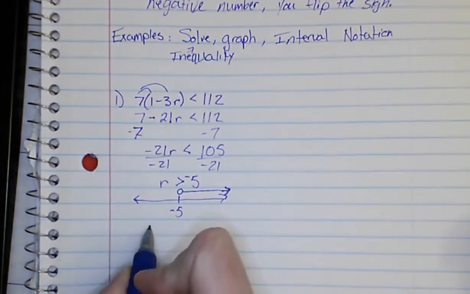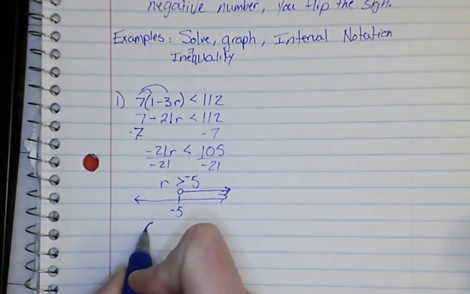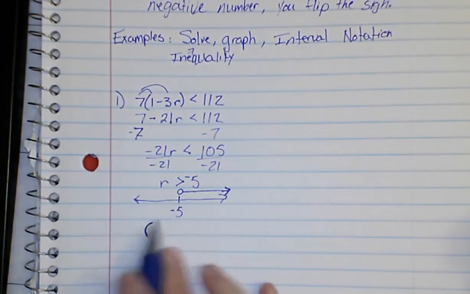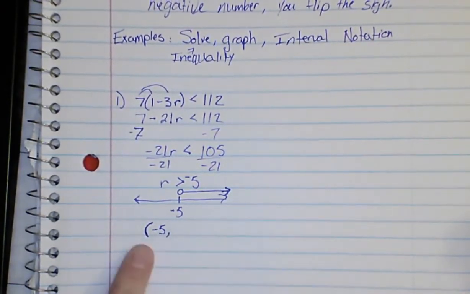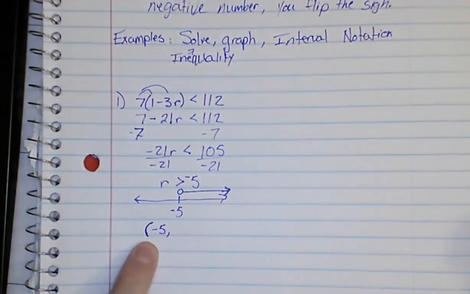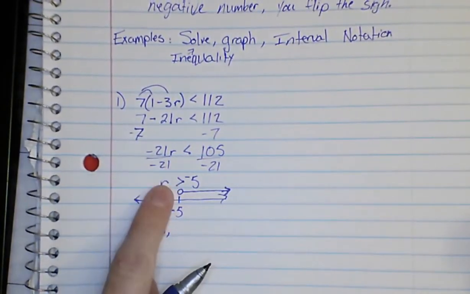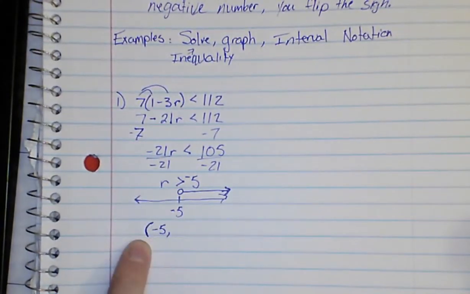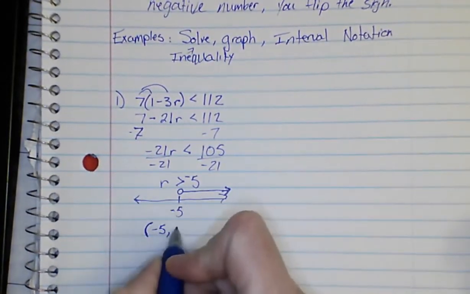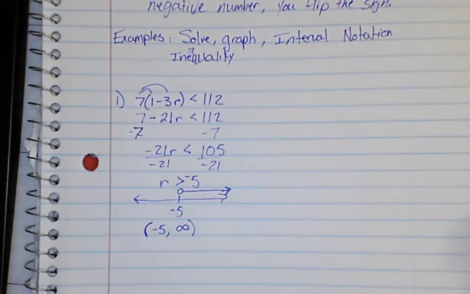And then with interval notation, we'll have the open circle and parentheses go together. So we start at negative 5, and it's not actually a value that will work, but we can get really close to it, all the way to positive infinity.